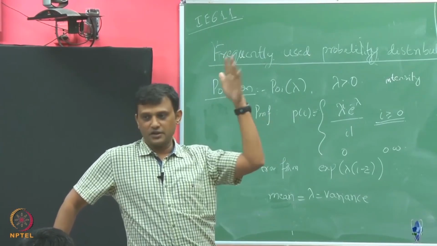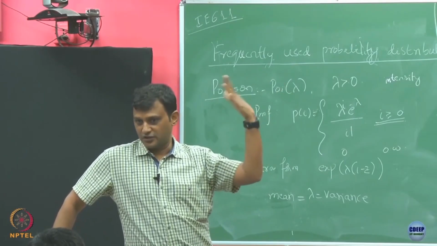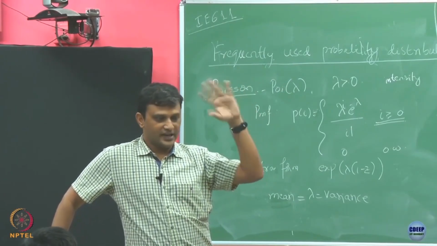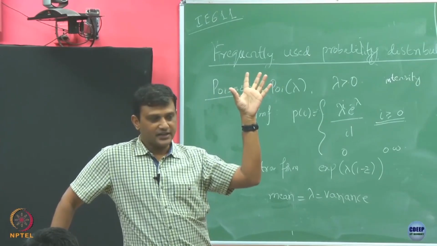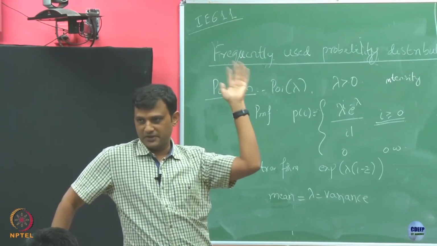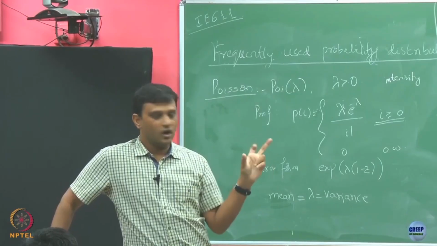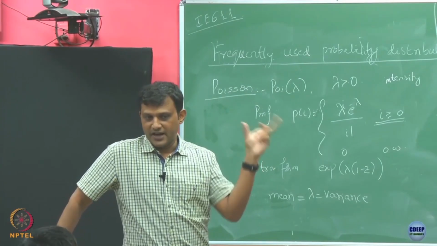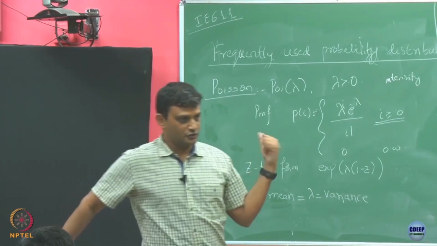Say you are in a telephone exchange and you want to manage your resources. You have a certain number of switches or bandwidth, and people are calling from different locations. At any given time, how many calls come? That you may want to model as Poisson distributed.